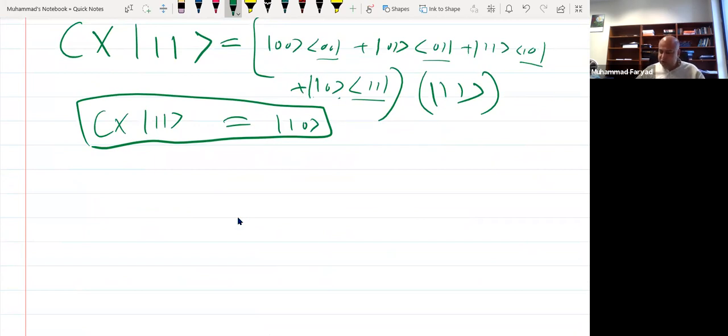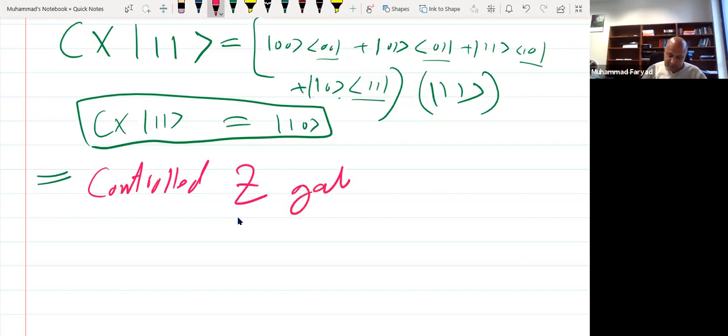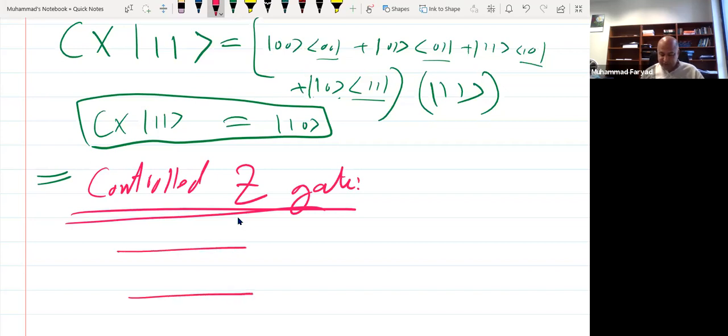Perfect. So let me introduce another gate, and this is called controlled Z gate. Now, controlled Z gate is like this, that this is its symbol.